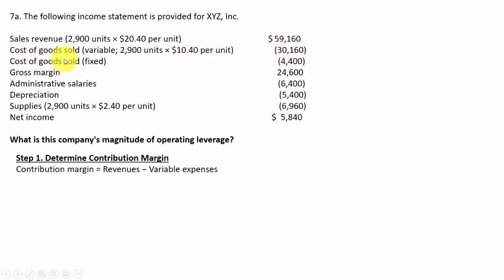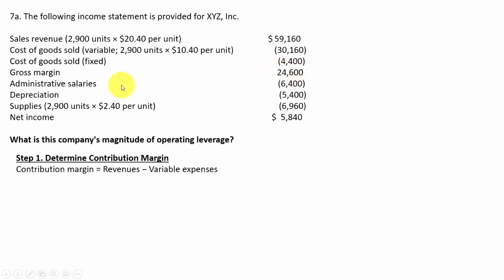And they also give us the cost of goods sold that are fixed costs. That would be like rent or depreciation, and that looks like it's going to be $4,400. Then they also give us the gross margin, which is the sales minus the cost of goods sold, which is $24,600.